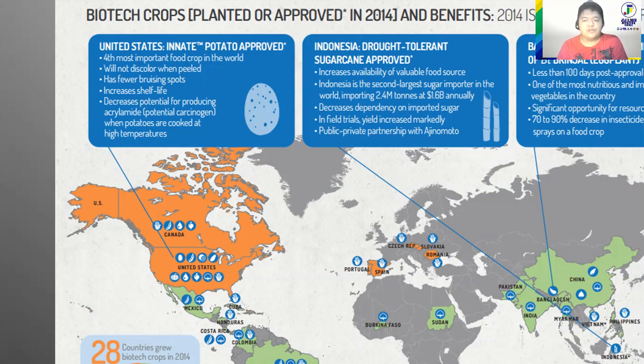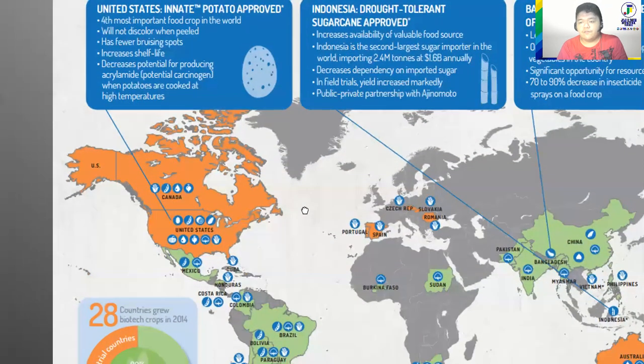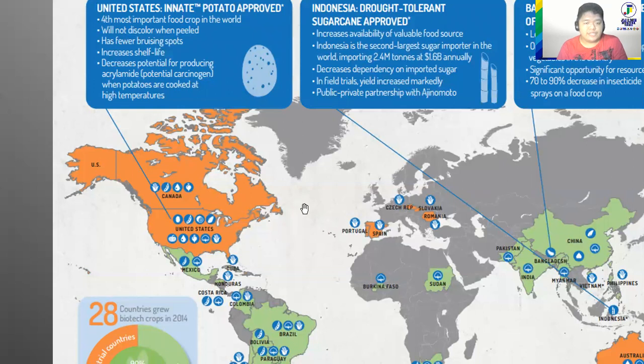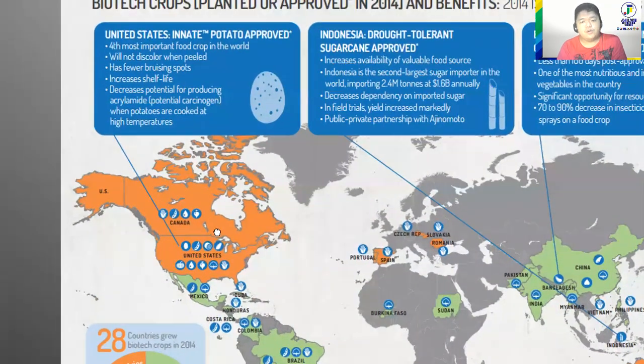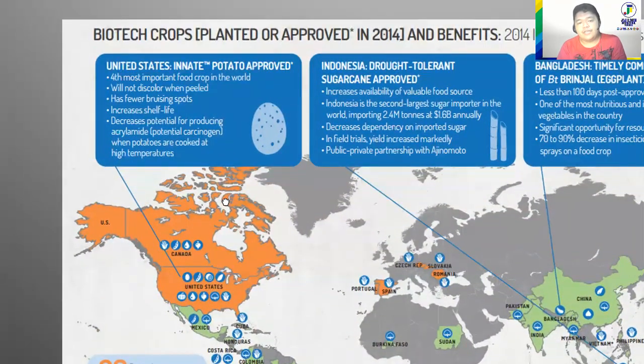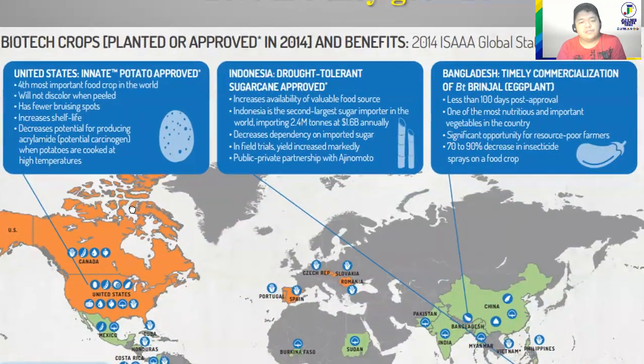They have increased shelf life, and decreased potential for producing toxins like acrylamides, which are potential carcinogens when you cook potatoes at a high temperature, like for French fries or for stews. That's one of the breakthroughs of genetic engineering for these types of crops.